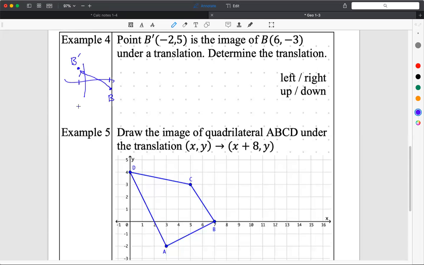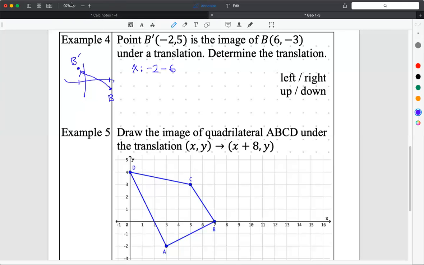Yeah, Kira. I think I get it now. Okay, yeah. I misread it as 25, and so that really confused me. I think for x, you want to do -2 minus 6, maybe.